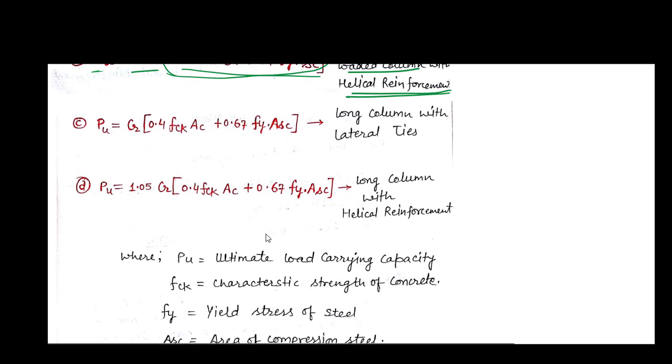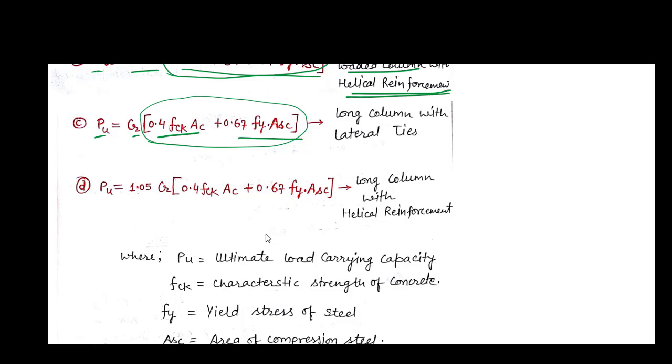Now the third one is the long column. The condition has changed: it is a long column with lateral ties, meaning a long column having a rectangular or square shape. So PU will be calculated by Cr multiplied by 0.4 fck Ac plus 0.67 fy Asc. So this whole term remains the same generally for all types of loading and all types of columns, but the condition apart from this bracket changes.